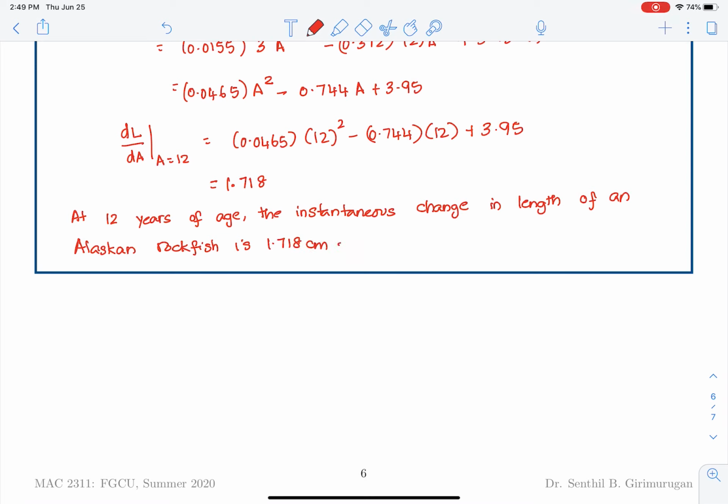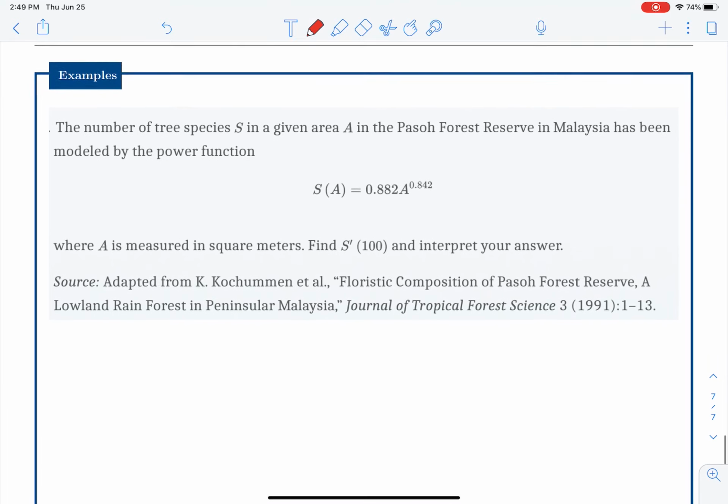And that would be the interpretation. We are looking at the instantaneous rate of change. At the moment of age exactly equal to 12, how does the length change? In this case, it is 1.718 centimeters.